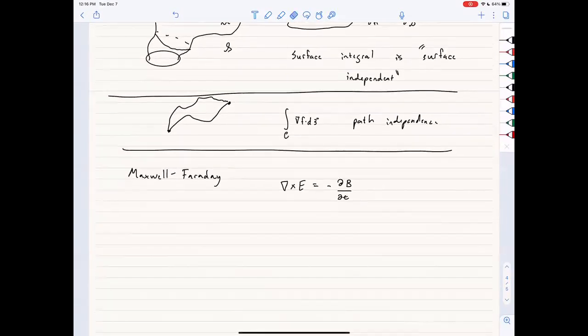This, of course, is the curl of E. E is an electric field, the force field that governs how things with electric charge move. And B is the magnetic field. These equations from Maxwell tell us how these two fields really are the same thing. They fit into the same four-dimensional framework.